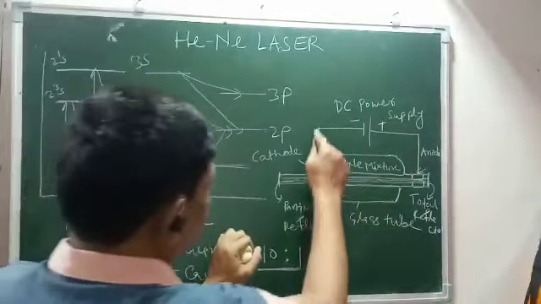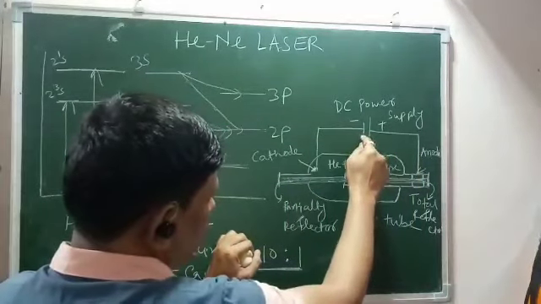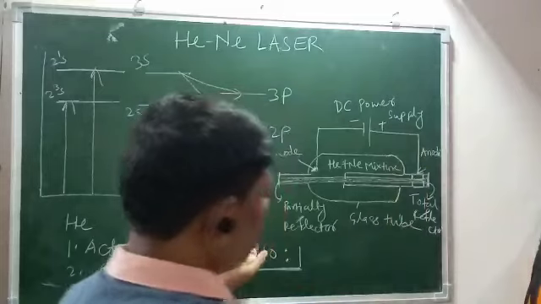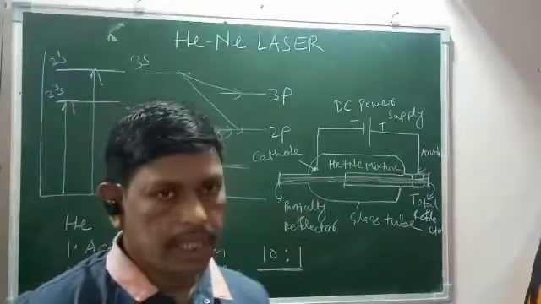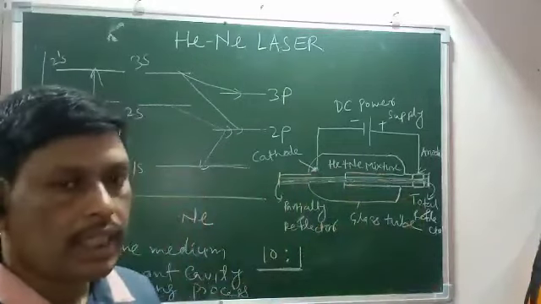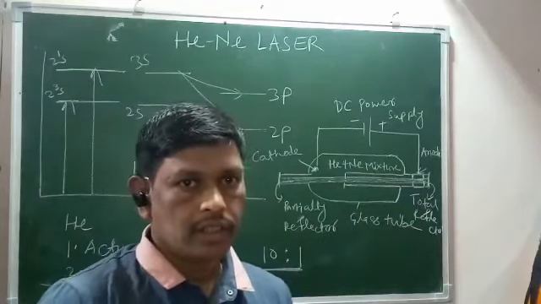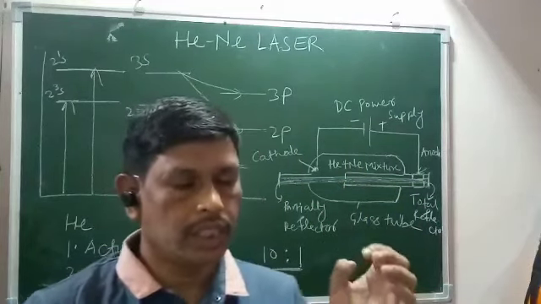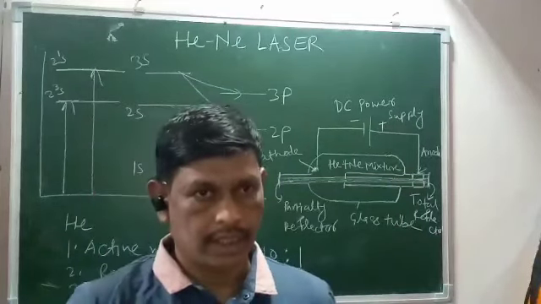Here we can see that the cathode is connected with the minus sign and the anode with the plus sign. By this DC power supply, we can introduce electrons into the helium neon mixture. So there is a possibility for electrons to interact with the helium and neon gas particles.